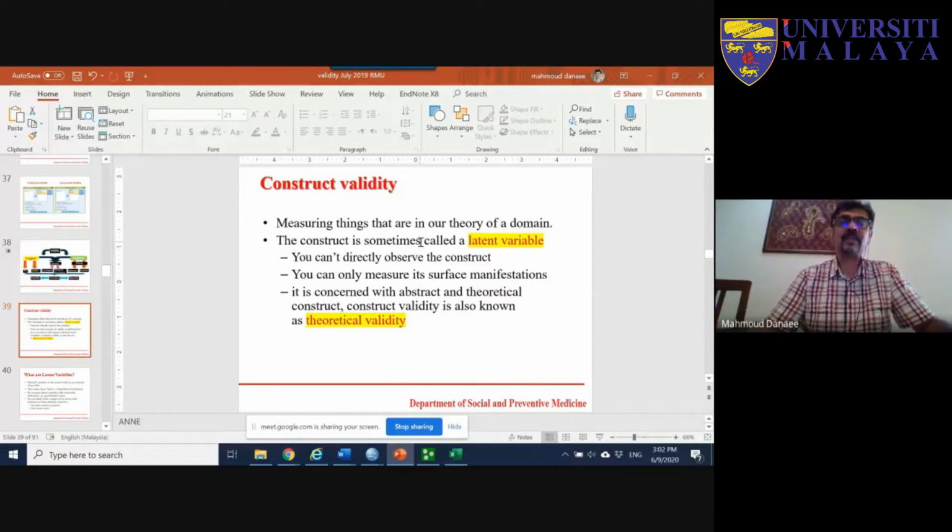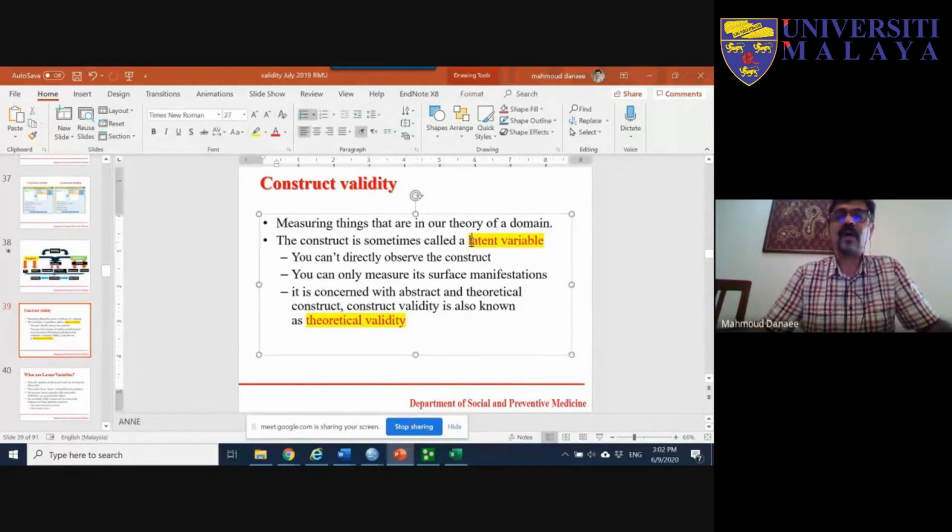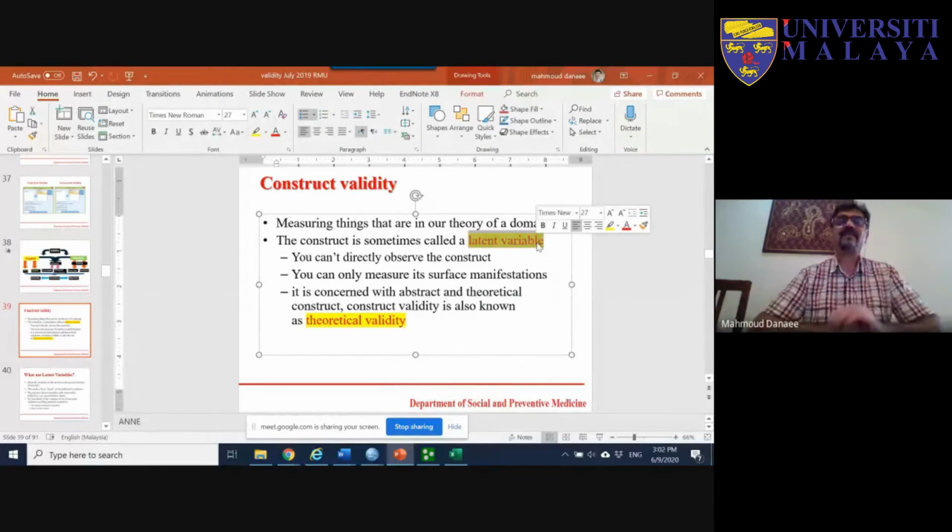So before moving to the construct validity, I need to ask you, what is the latent variable? The latent variable is a hidden variable that I mentioned earlier. You cannot measure it directly. So always we estimate it indirectly through some items.